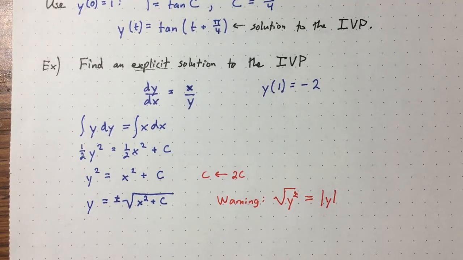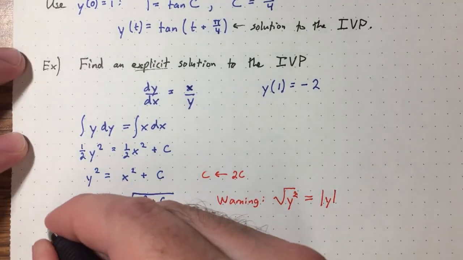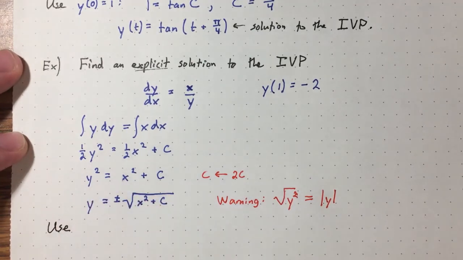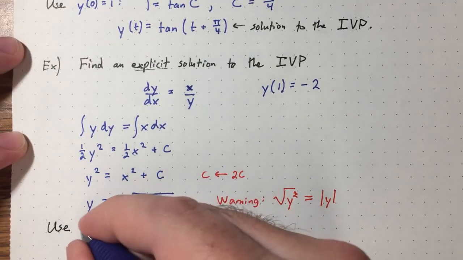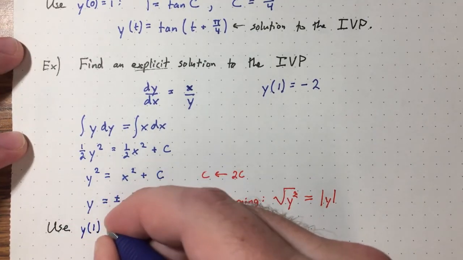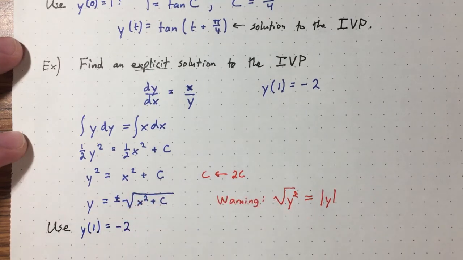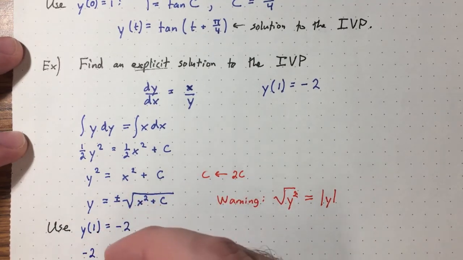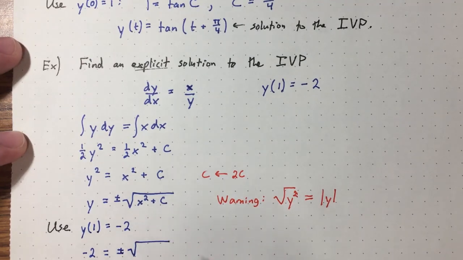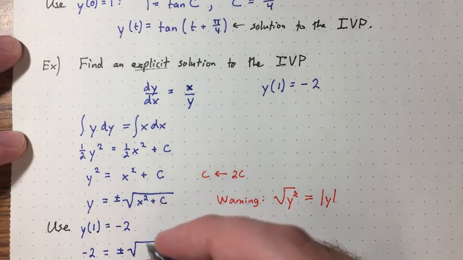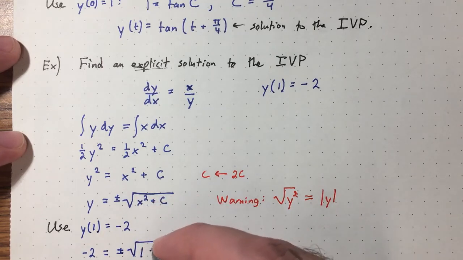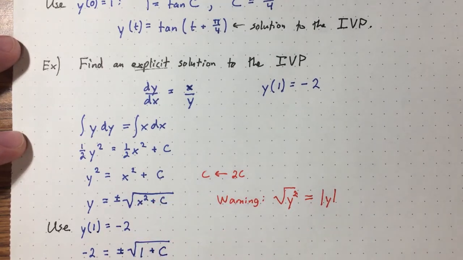And again, let's use our initial condition. So we're going to use the fact that y of 1 equals -2 in this case. And so we plug in -2 for y, and then we have this unresolved plus or minus. I'm not sure what to make of that yet. And then we're plugging in 1 for x, 1 squared is 1, plus c.